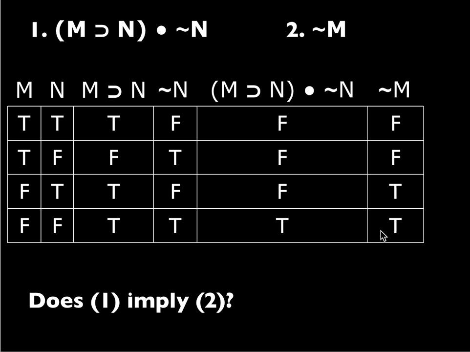No, there's no counterexample, so 1 does imply 2. Does 2 imply 1? Well, there is a counterexample row. Look at row 3. 2 is true, 1 is false. So there is a counterexample row, so that implication doesn't hold. 2 does not imply 1.